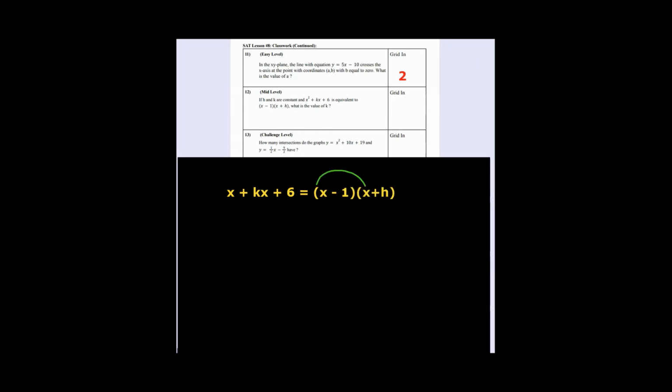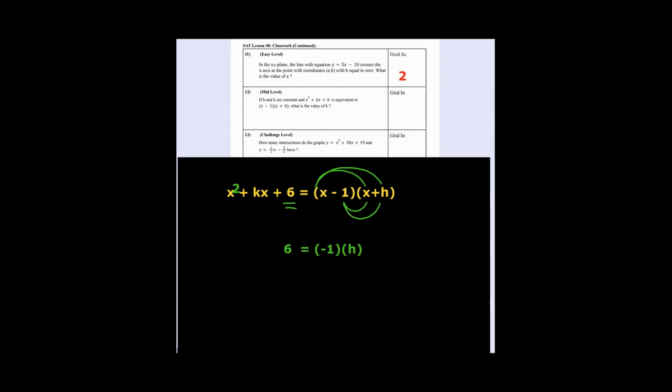X times x is x squared, x times h, negative 1 times x, and negative 1 times h. But we know that the last term for x squared plus kx plus 6 is 6. So that means that 6 is the constant, which equals negative 1 times h.